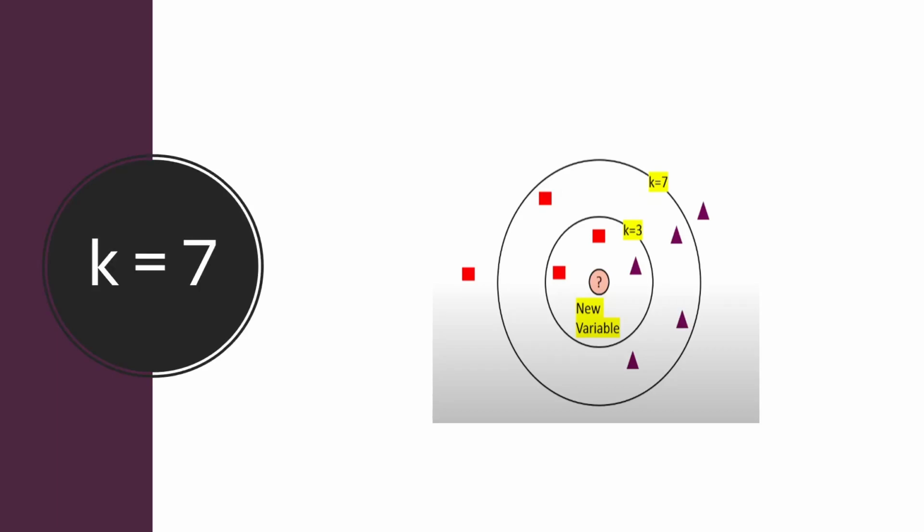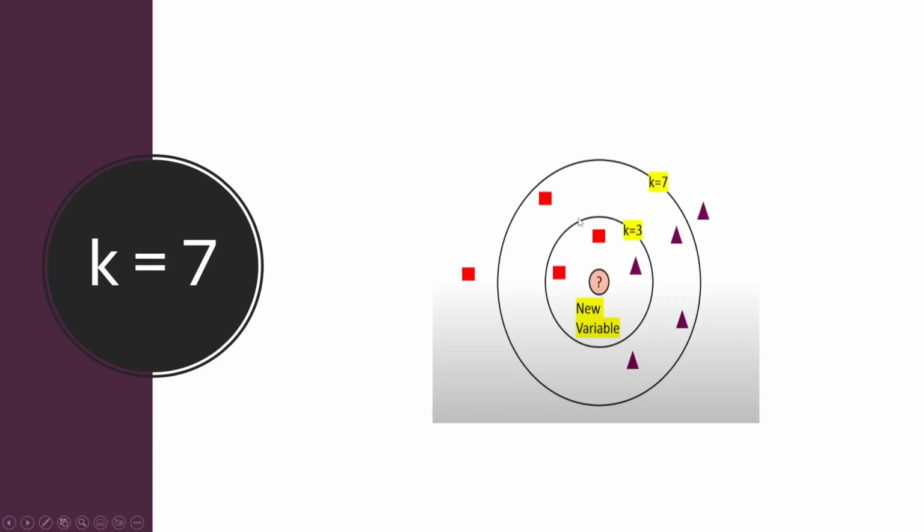One thing to notice is that whenever we set k equal to 3, it considers only 3 neighbors around our new variable. And whenever k equals 7, it considers the nearest 7 data points, 1, 2, 3, up to 7. So now what does the model return?